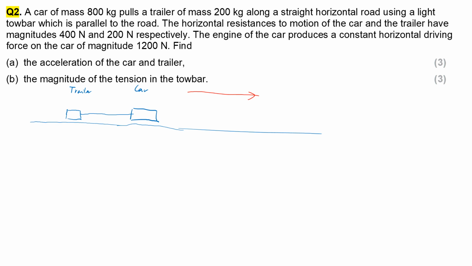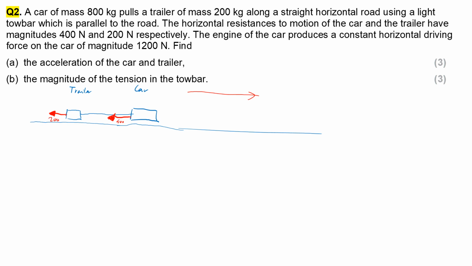So resistance to motion, this is my resistance here for the car. So this is the 400 Newton, and then there's resistance to the trailer as well, which is a bit smaller. It's probably a smaller trailer, or it's a bit protected by the car in terms of wind. Anyway, they tell us it's 200 newtons.